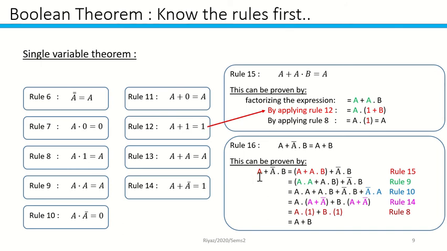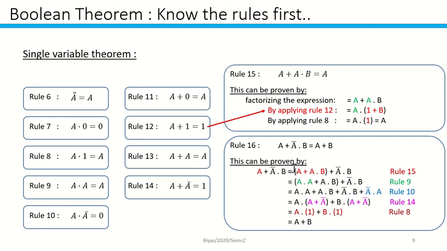You see rule number 15 is A plus AB is equal to A. So this A you expand to A plus AB, plus A bar dot B. You may ask why; it is because we have B over here, so later we can factorize the B together. That's why we need to treat this one using rule number 15.